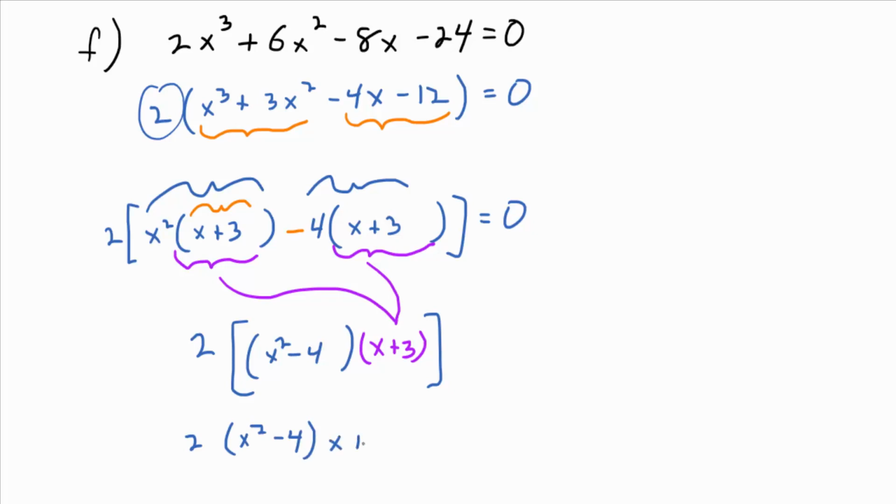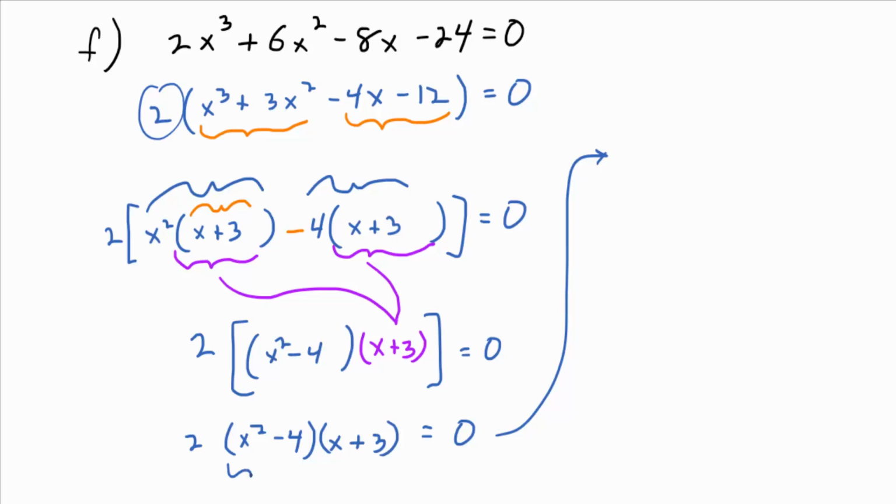But then I have another question. Is this thing, and don't forget the equals 0, factored completely? No, because x squared minus 4 factors more. You could get the right answer without factoring it anymore, but I expect you to factor it completely, because that's what I'm testing you on. I want to make sure you know how to do that.